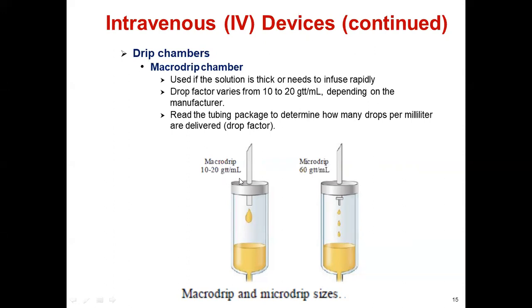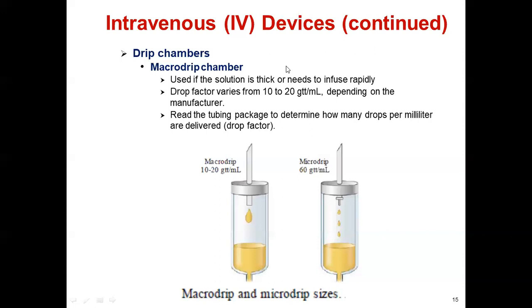GTT stands for drops. So what is a macro drop chamber and a micro drop chamber? Macro drip is used if the solution is thicker or needs to infuse rapidly, and the drop factor varies from 10 to 20 GTT per ml.